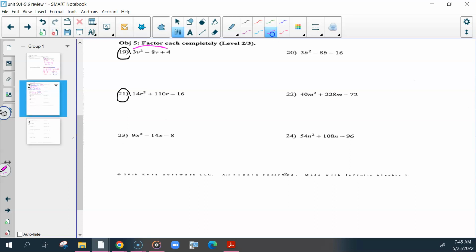You have to first multiply the 3 and the 4 at the back. So we're looking for two numbers that multiply to be 12, but add to be negative 8. What two numbers would work? 4 and 3 would multiply to be 12, but it wouldn't add to be negative 8.